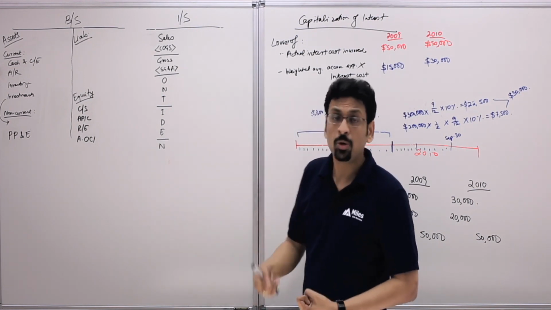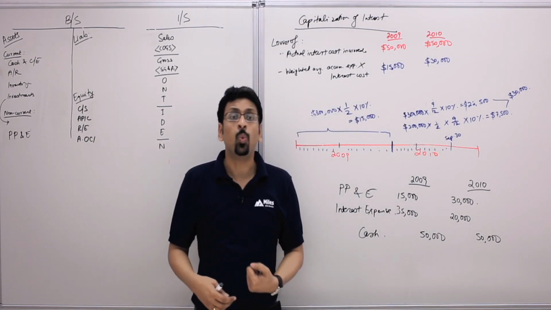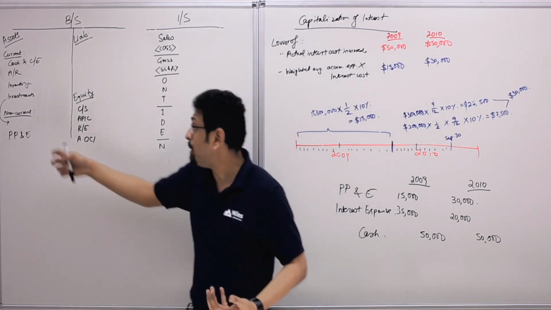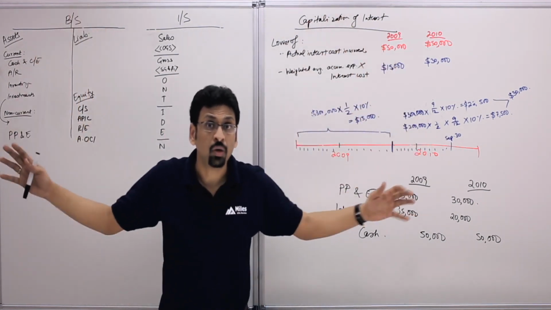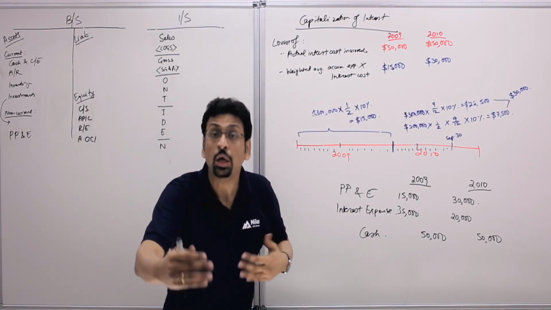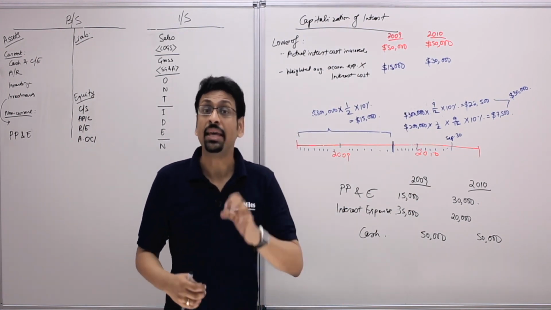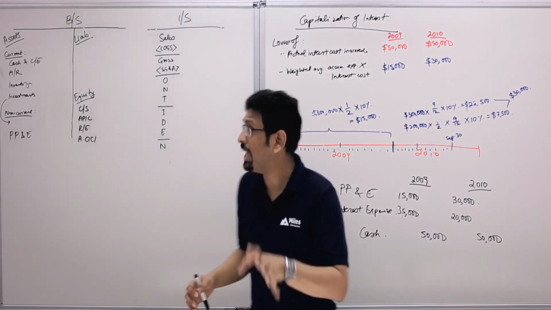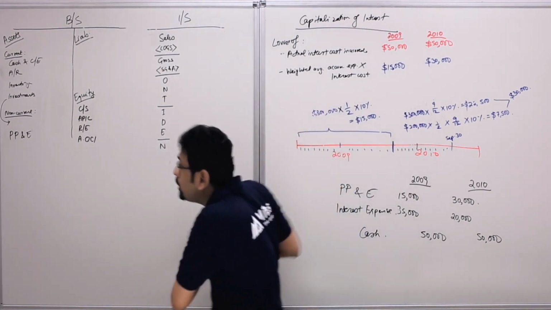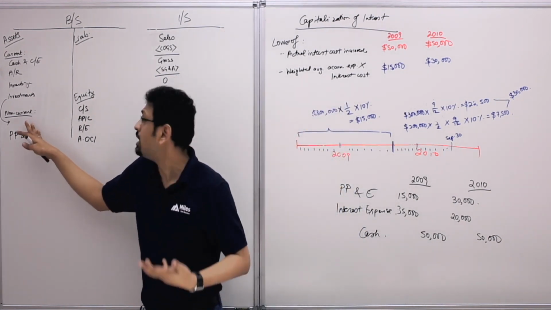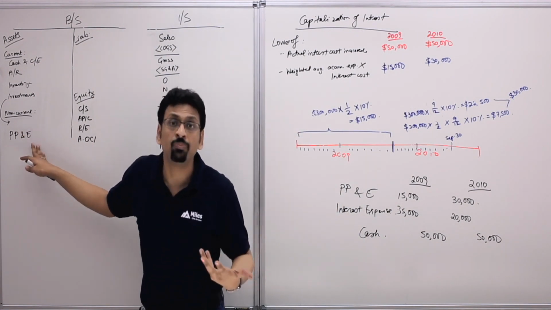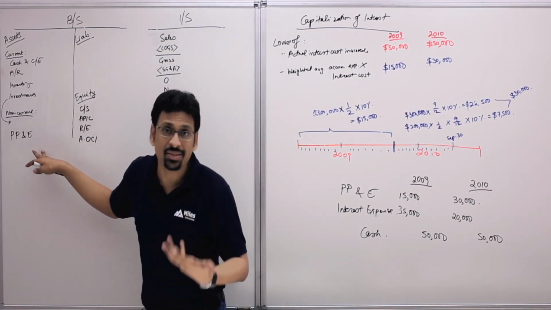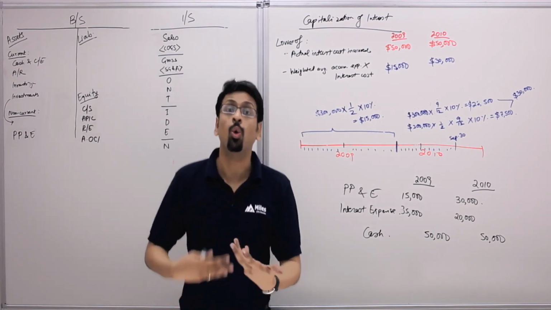Now, how about certain expenses which help you make your PP&E bigger, better, or longer? So guys, these are basically capital expenditures which instead of going to your income statement, go on to your balance sheet. They increase the value of your PP&E. So they are capitalized and depreciated over a period of time.